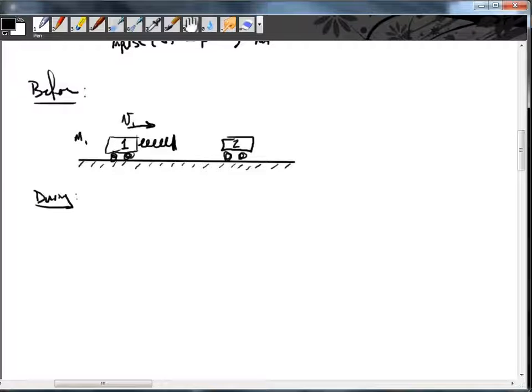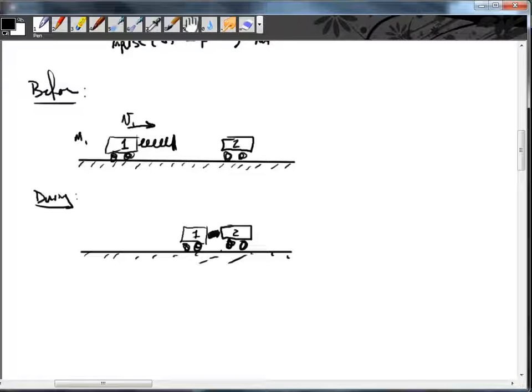Now, when they collide, we again have our surface and here is crate 2, and our spring becomes completely compressed during our collision. In this moment, we have the spring completely compressed.